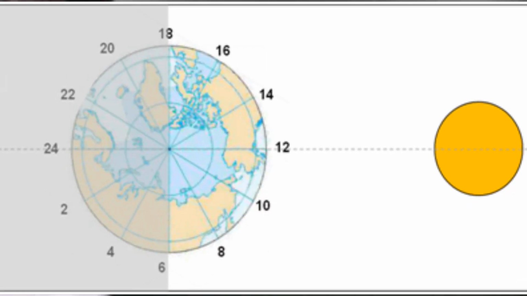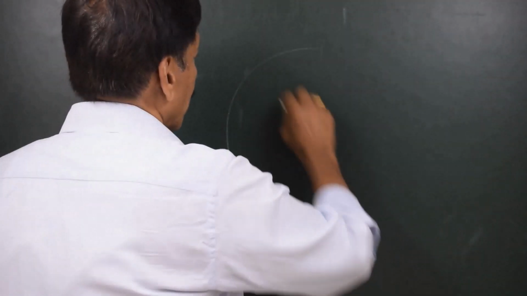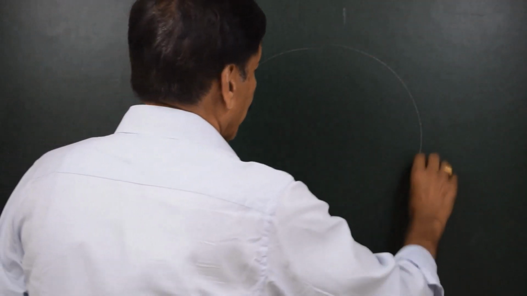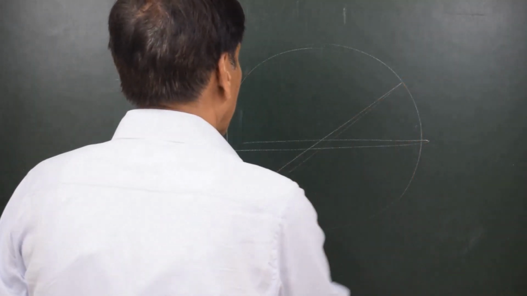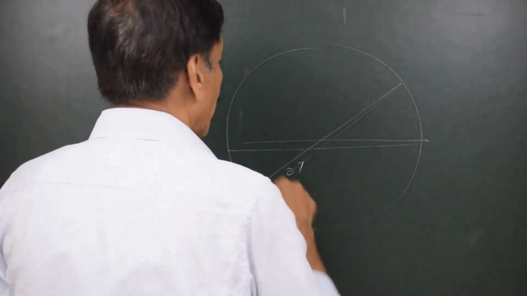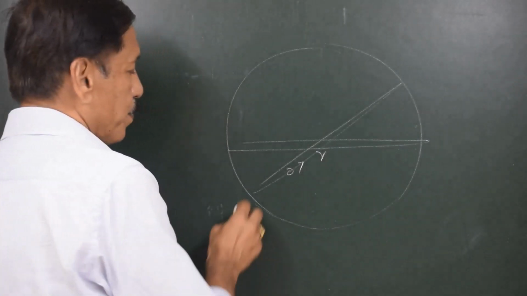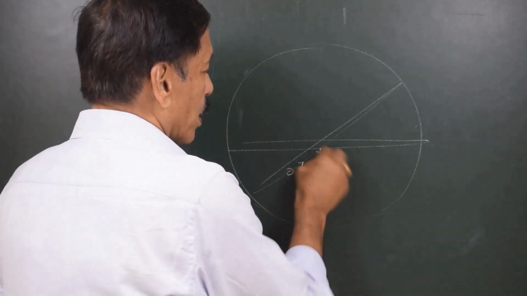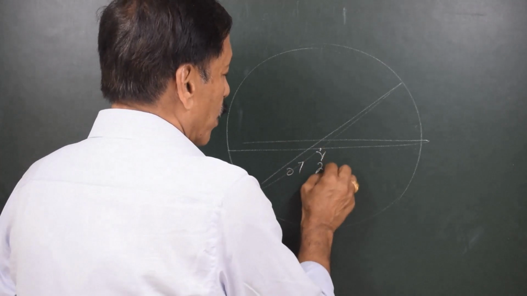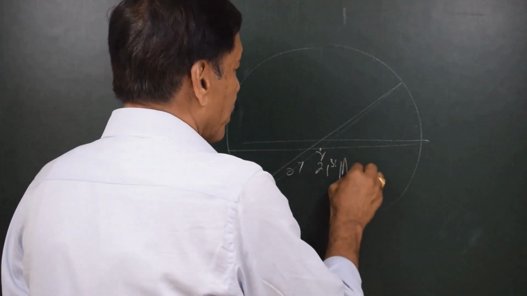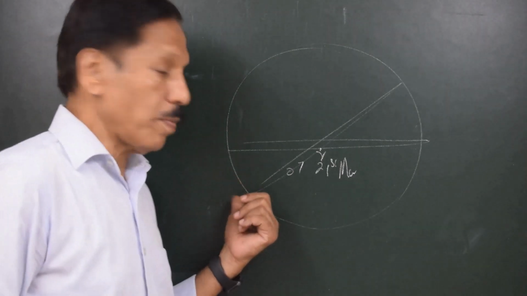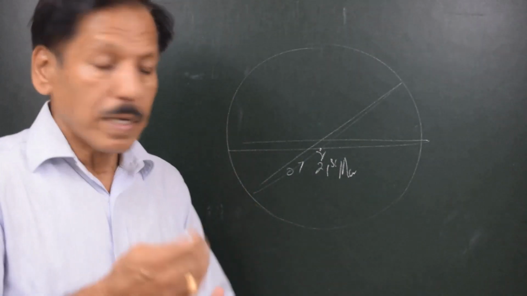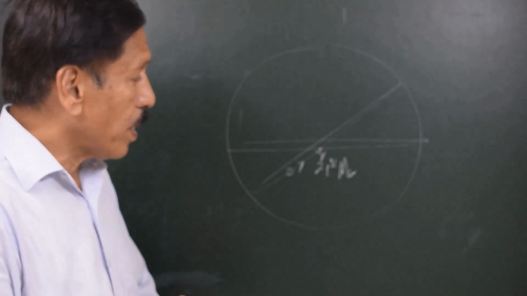See, the basic problem is, if we look at the celestial sphere this way, let's say this is the equinoctial and this is the ecliptic. We know that the sun moves on the ecliptic. This is 21st March, 21st June, and over here you have the position of the sun on 22nd December. The sun moves on the ecliptic, right?